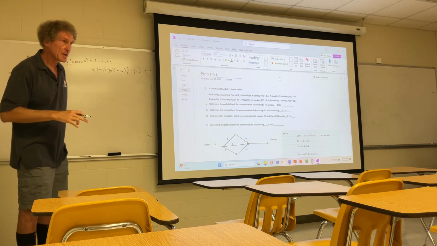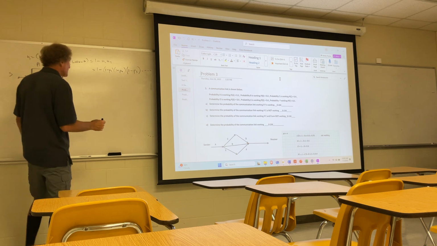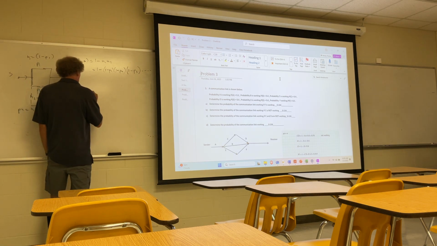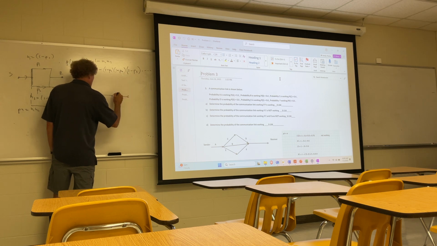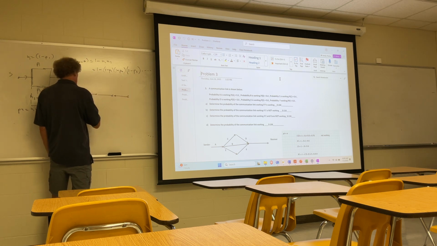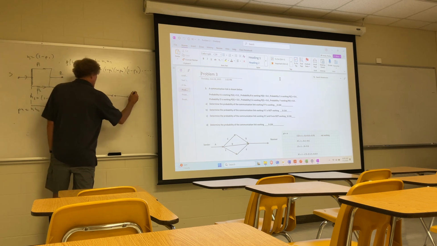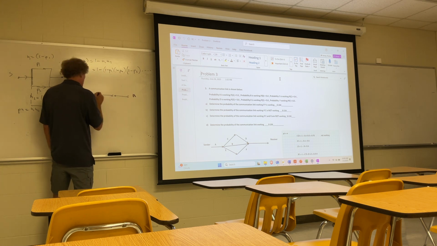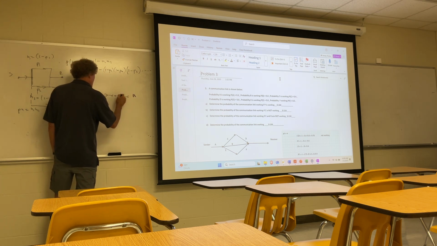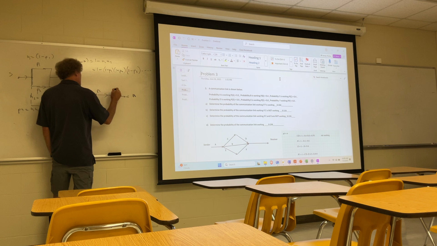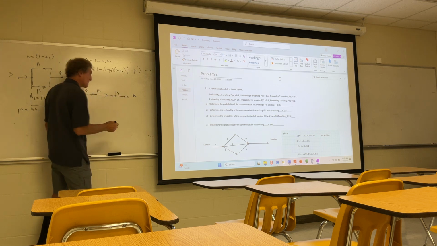Now, if they're in series, and it really doesn't matter how many links you have, if this is P1 that's operating correctly, this is sender and receiver, and it's going this way, P1, P2, and P3 here.